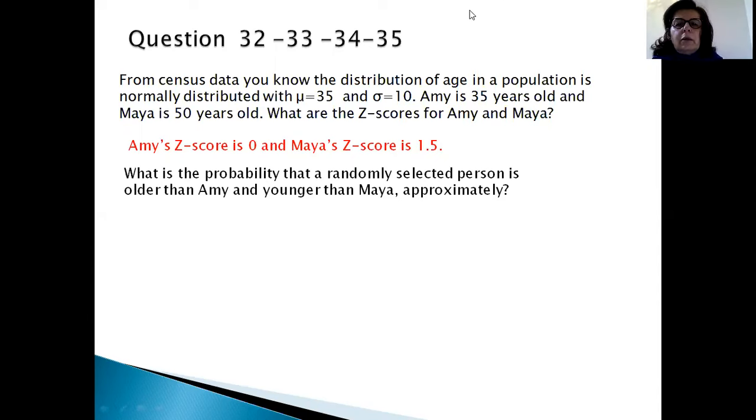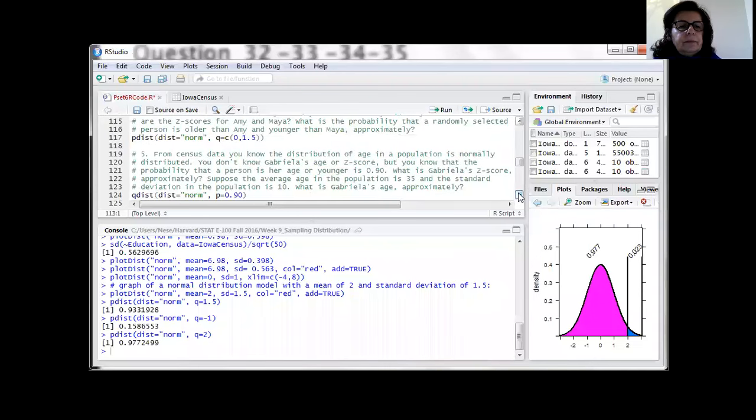Okay, let's go and calculate this with R. If we plot the probability distribution model by giving a range, 0 and 1.5, we will be able to see what proportion of the people falls between Amy's age and Maya's age. Let's run it.